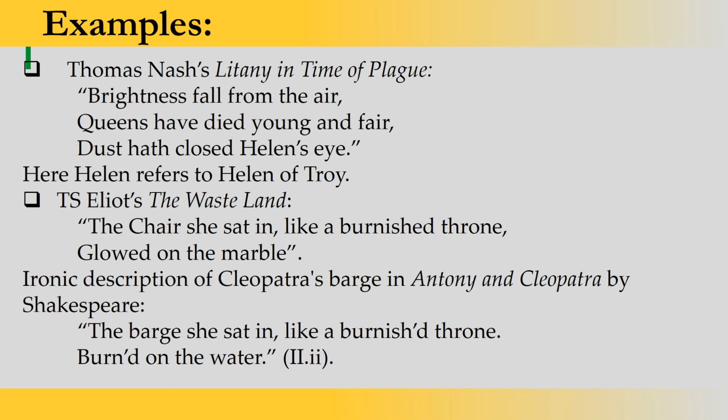Here he uses a simile, like a burnished throne, and the same lines are alluded to in The Waste Land by T.S. Eliot. These lines are taken from Shakespeare's Antony and Cleopatra, Act 2, Scene 2.